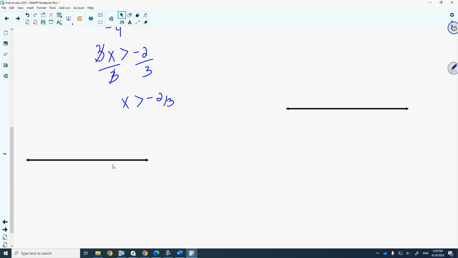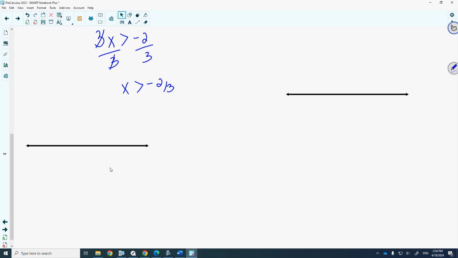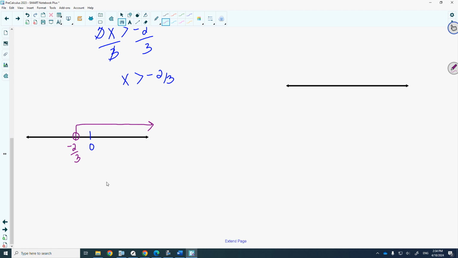Now I want to represent this on a number line and then in interval notation. 0 would be right there on my number line. -2/3 is left of 0, so I'll have -2/3 here. -2/3 is not included, and I am greater than -2/3. So that's how I'd represent my solution on a number line. And then in interval notation, my answer would be round bracket, -2/3 to infinity.